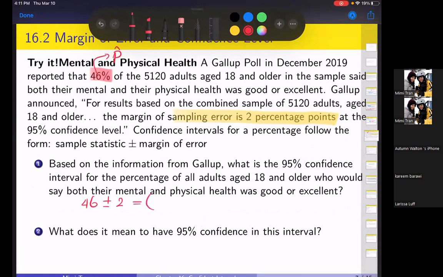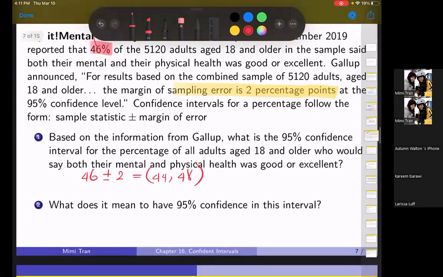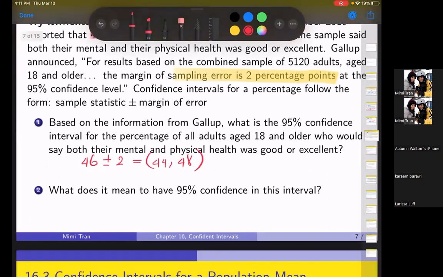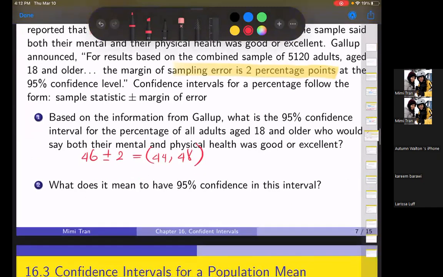So 46 minus 2 is 44, 46 plus 2 is 48. That's why I say it confuses you. Instead of trying to look for X bar, which you can't find, it gives you P hat. It's another sample statistic. But I just kind of covered it in case you have it on your homework.